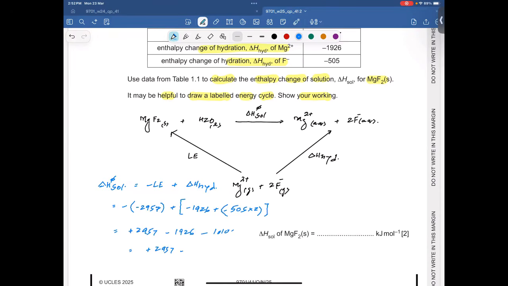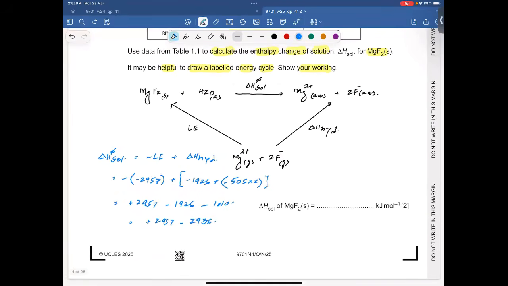minus 1926, 2936. Okay, so it's going to be minus 2957. It's basically plus 21 kilojoules per mole.